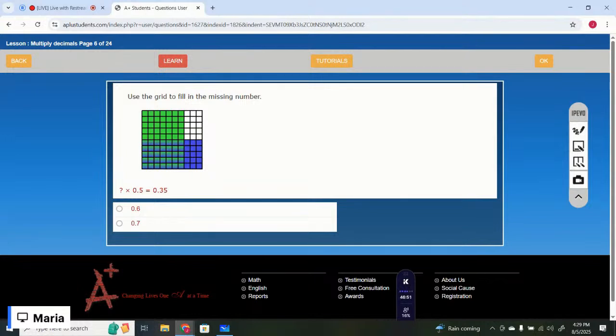Use the grid to fill in the missing number. 0.5 times 0.7 is 0.35.